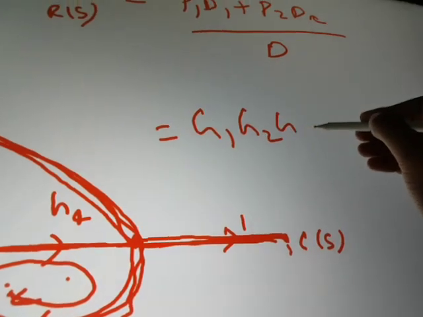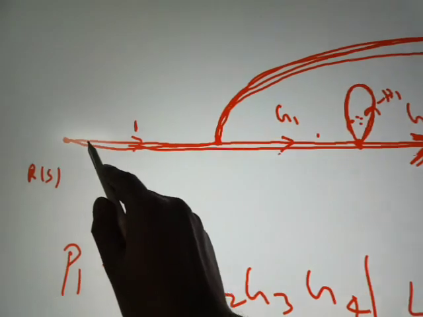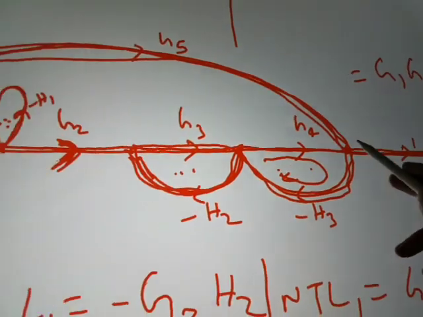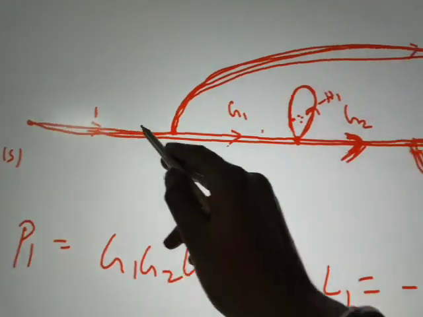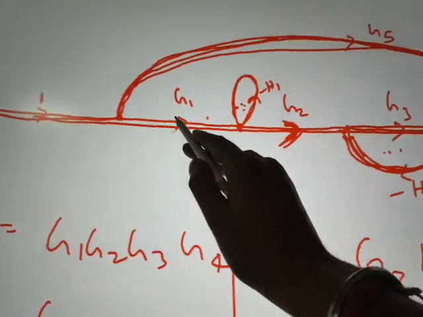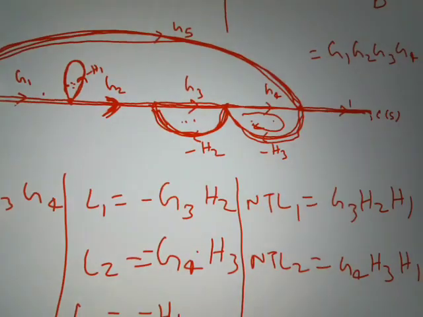Now P1 is this one, so G1 G2 G3 G4. For this forward path, all loops are touching it.